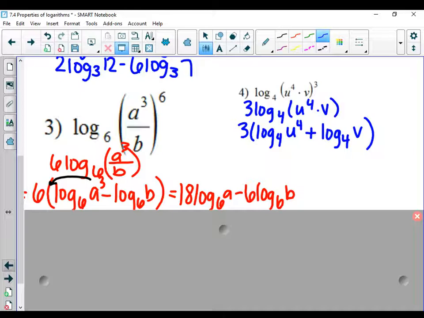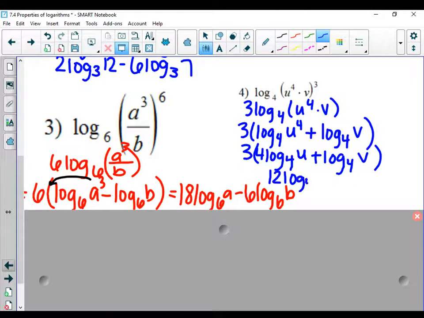Then you can move the 4 in front of the log base and then just distribute the 3. It's really tricky to write u's and v's, let alone with a 4 involved. So we should get 12 log base 4 of u plus 3 log base 4 of b.